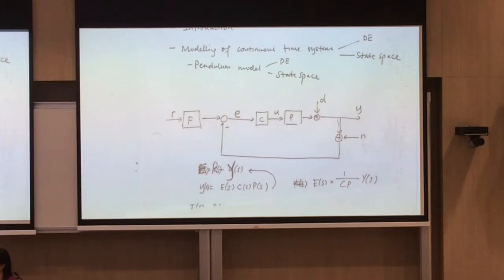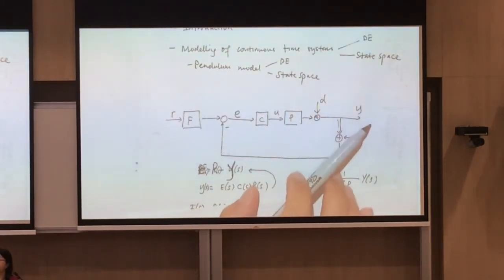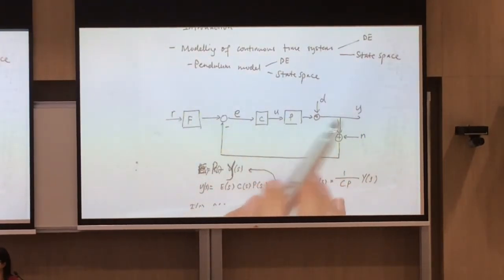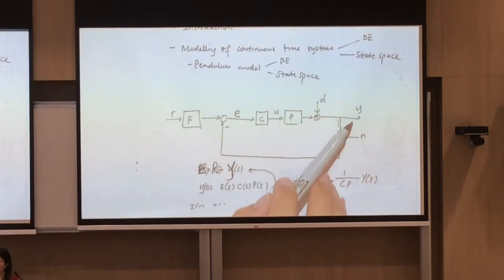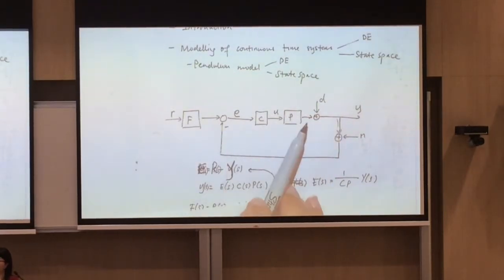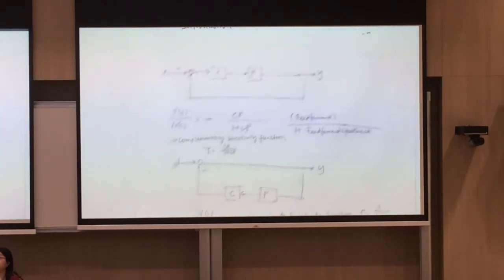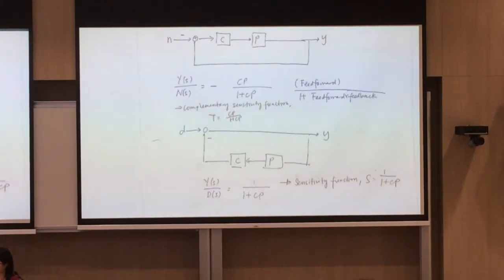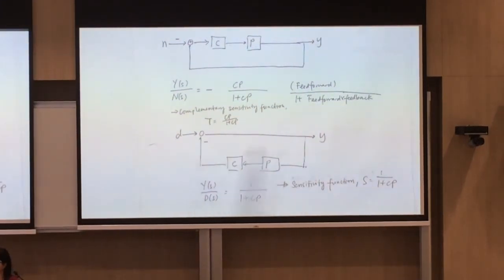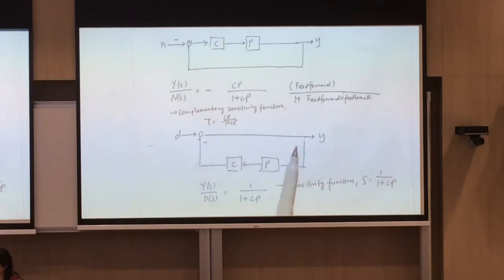Okay, so if you want the input to be D, output to be Y, between D to Y is only one straight line, right? Correct? Okay, and the rest is all in the feedback loop.